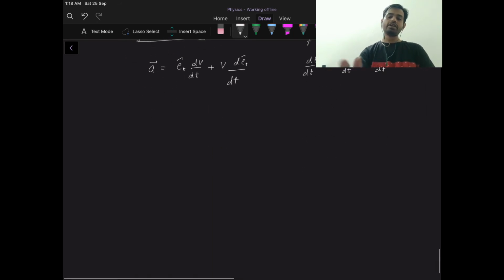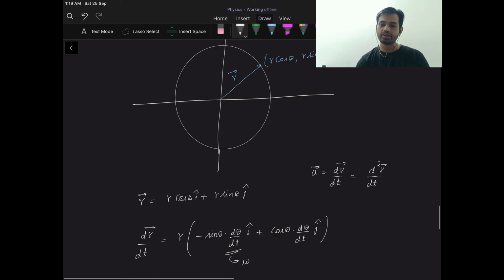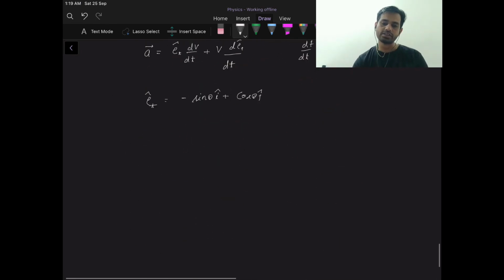What is the value of det cap divided by dt? Et cap we have already calculated that it is equal to minus of sine theta I cap plus cos theta j cap, right. You can see that this is et cap, minus sine theta I cap plus cos theta j cap. Now, what will be the differentiation of this?